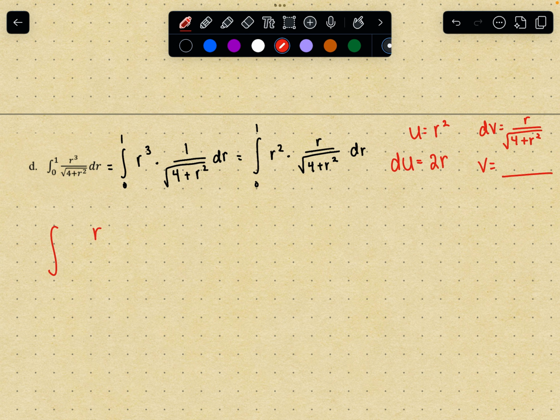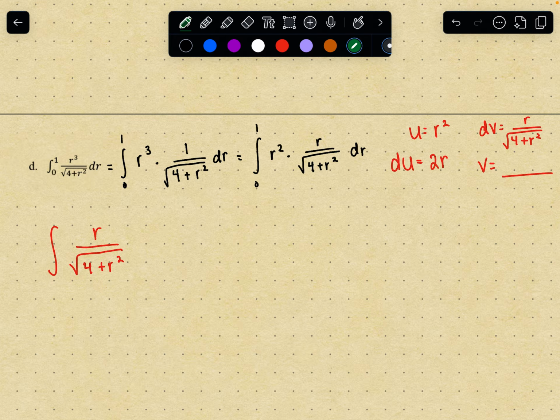Antiderivative of r over square root of 4 plus r squared. Now, listen, I've been doing integrals for a while. I've been teaching integrals for a while. So I can kind of just see how it's going to work out.